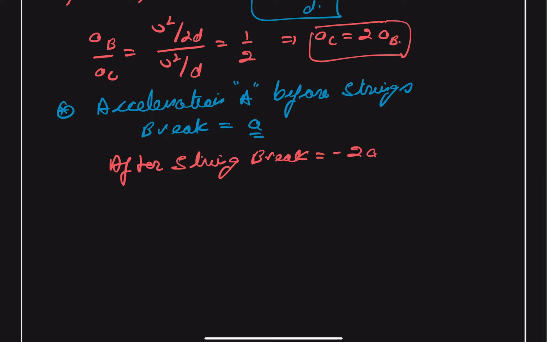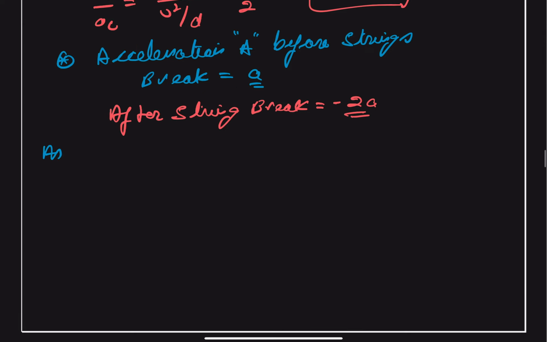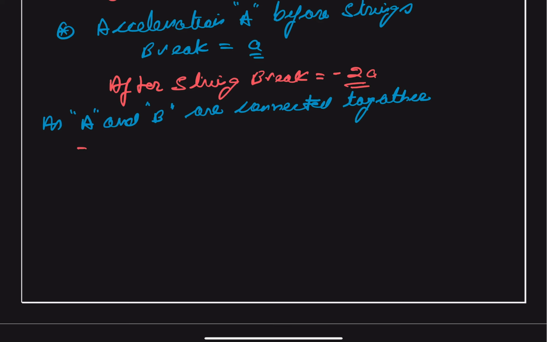as A and B are connected together, therefore the acceleration of B will also be equal to minus 2A, and this gives us that, let me consider a minus sign, it will be much more convenient later on.